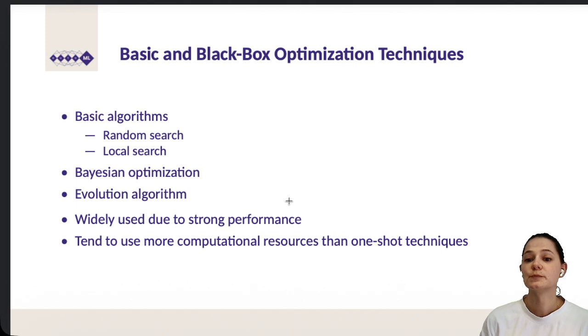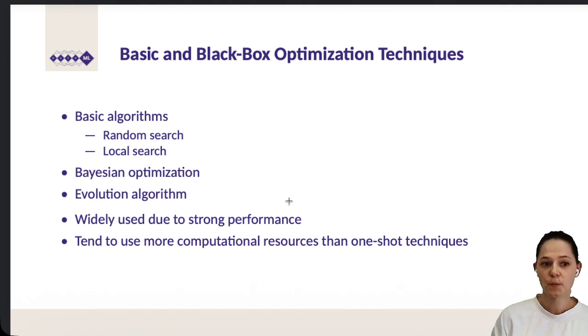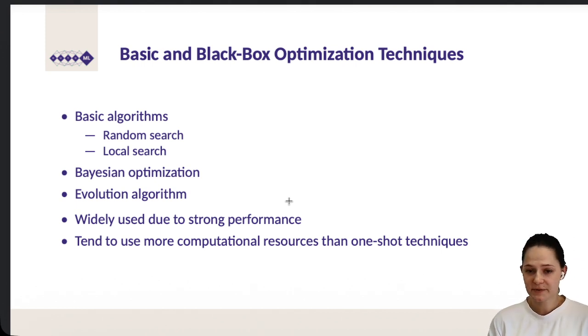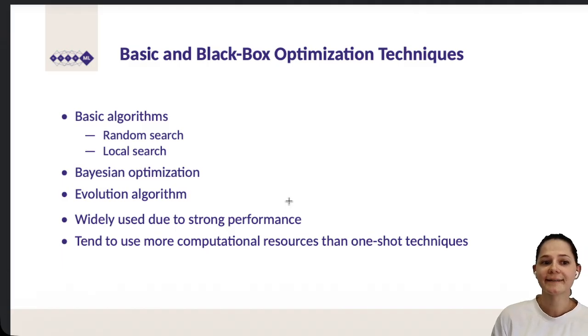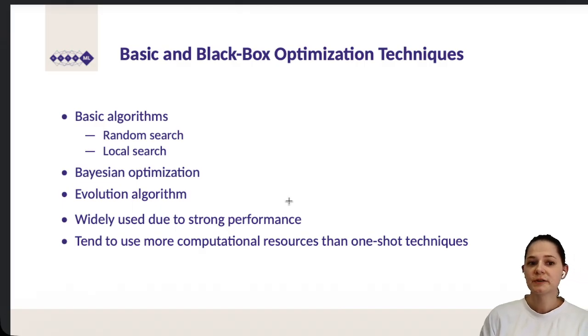However, they tend to use more computational resources than one-shot techniques. Black box optimization techniques are therefore very simple, but often very expensive. However, they were used as the starting point for NAS methods, and we can combine them with different performance estimation strategies, which we will discuss later.